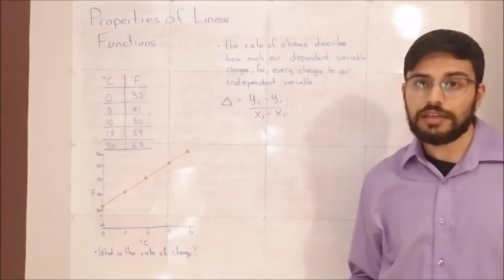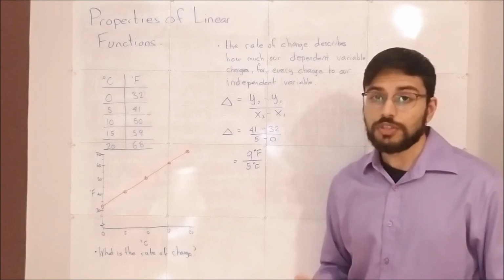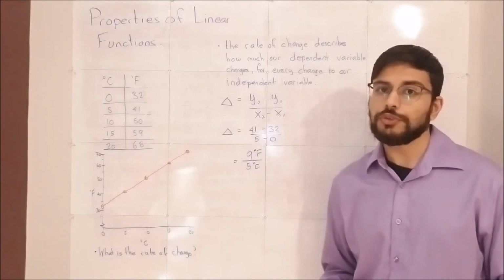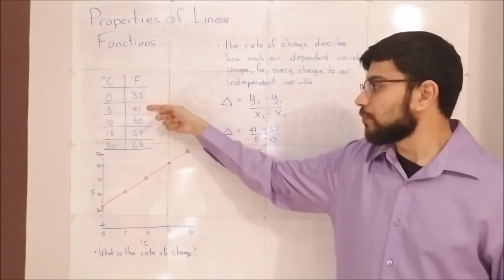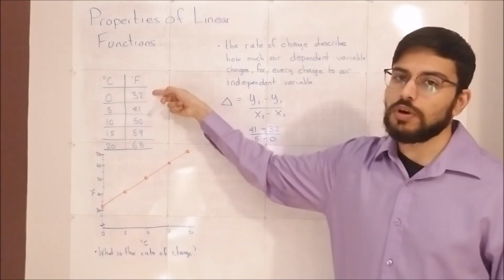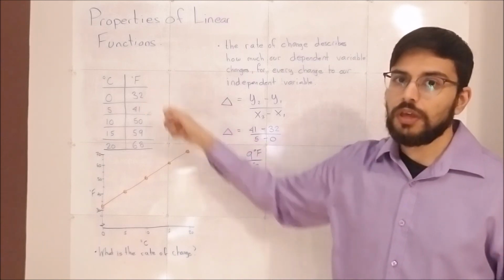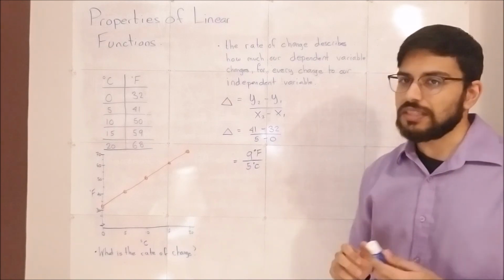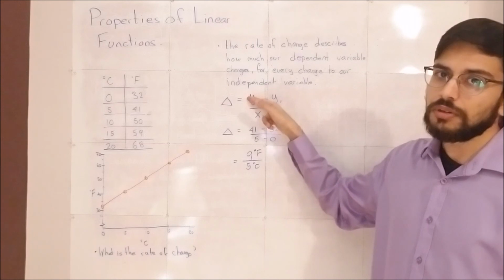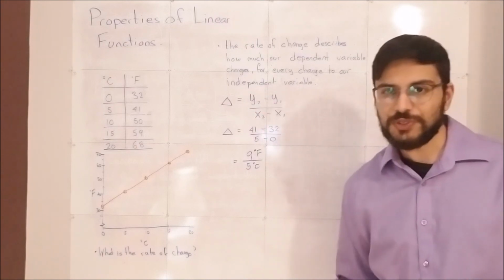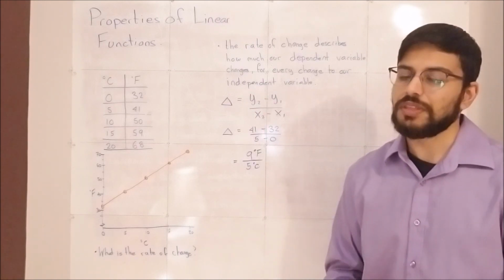So let's calculate a rate of change. To solve this, I've just chosen the first 2 points that I've seen. So I'm using x2 and y2 for the second point, and x1 and y1 for my first point. One thing to keep in mind is it seems counterintuitive that the y goes on top. I know x comes first in the alphabet, but x goes on the bottom in this case.